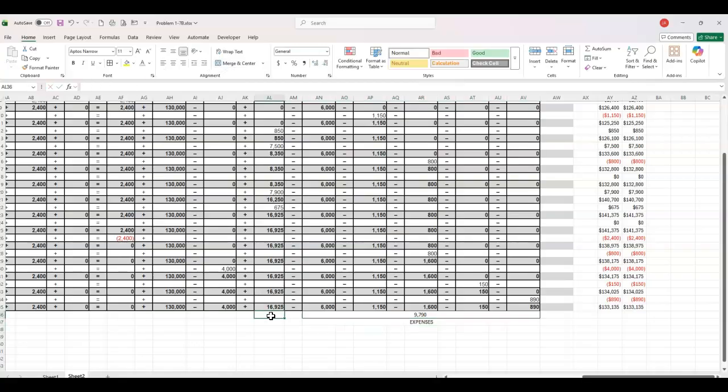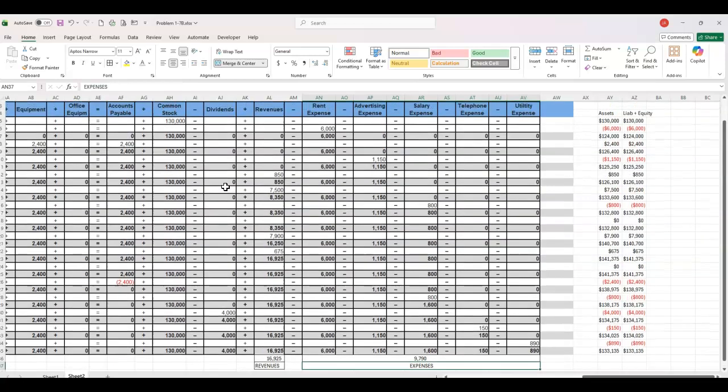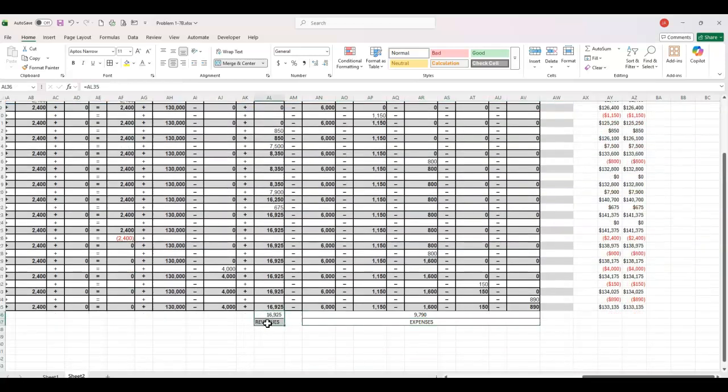Revenue is just one account, so dividends, common stock.